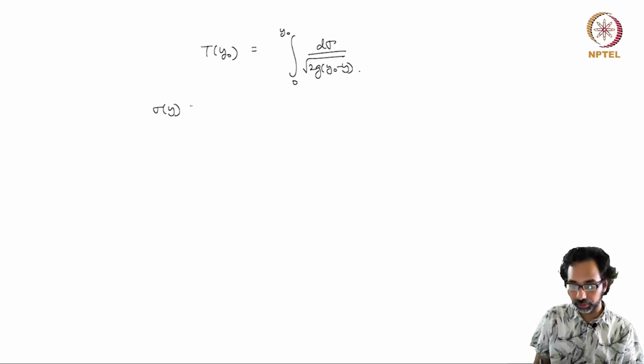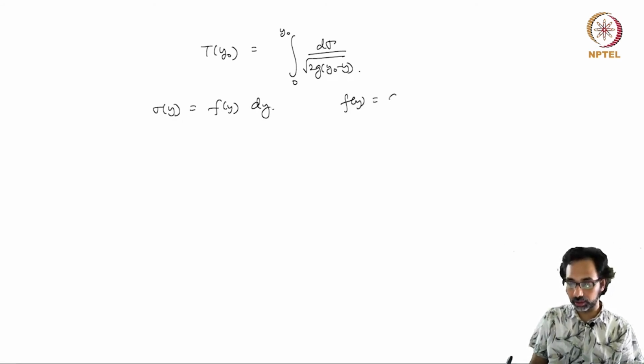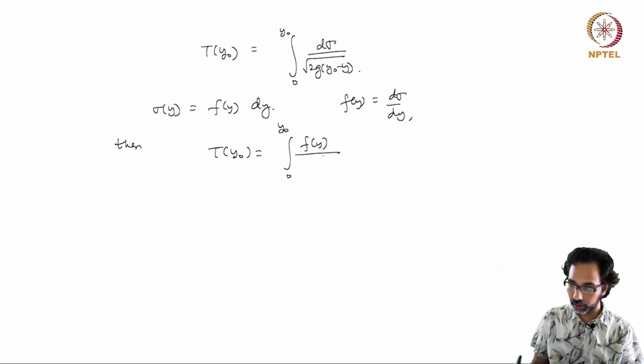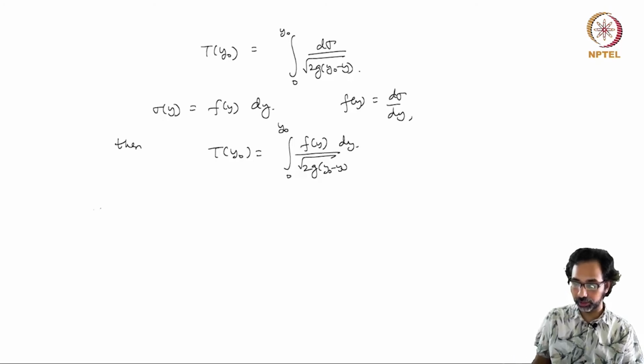Now if we write d sigma as f of y dy, so f of y is simply d sigma over dy, then T of y0 equals the integral from 0 to y0 of f of y over square root of 2g times y0 minus y dy.